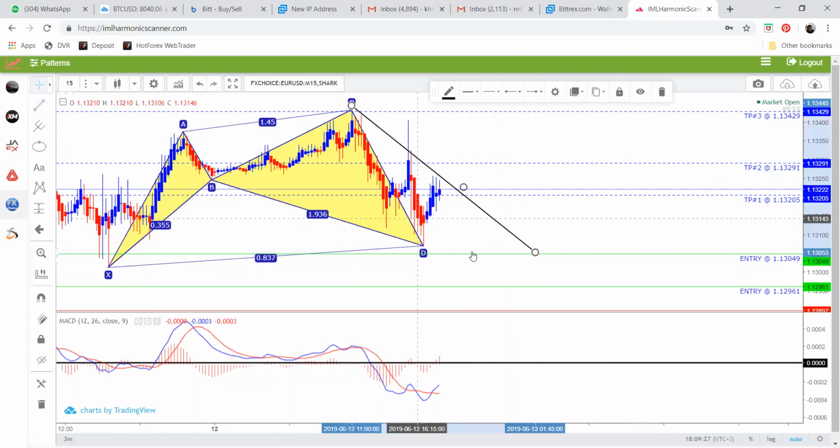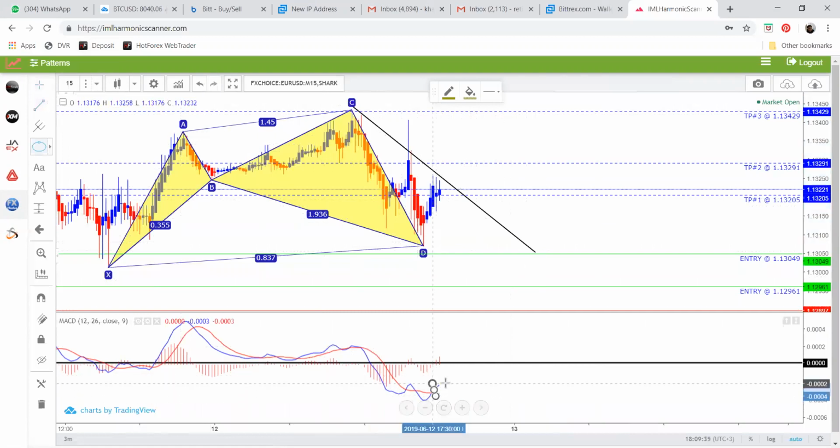And you guys already know what we're waiting for. Red is below the blue. So confirmation number one. We haven't got a break in the trend line yet, so we're not entering this trade. And the lines haven't crossed the MACDs yet, so we're not entering this trade. Okay, so you can leave it out.